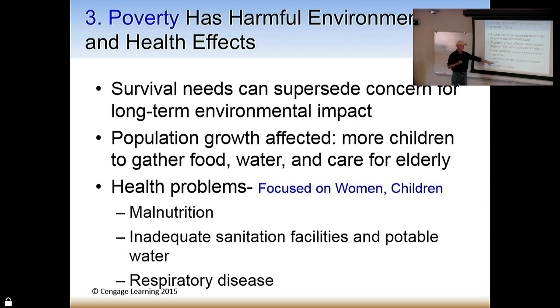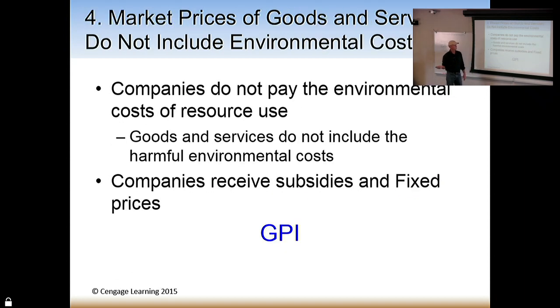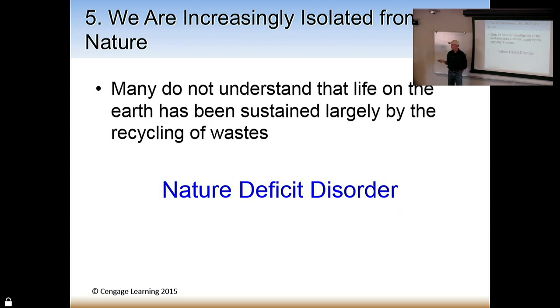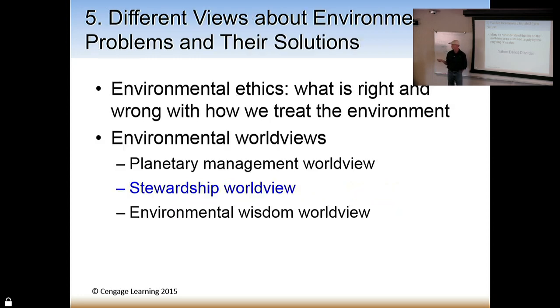Inadequate sanitation of water, dirty water, sewage, polluted water is the number one cause of diseases, and then respiratory diseases. Okay? Market prices of goods and services do not include environmental costs. We've talked about that. And then we're increasingly isolated from nature, or nature deficit disorder.